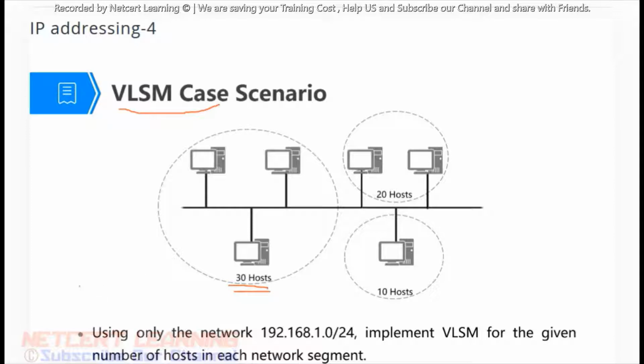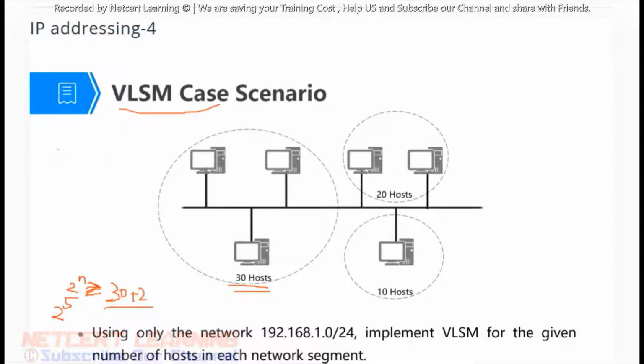We first calculate 2 power n, which should be greater than or equal to 30 hosts plus 2, because in the network there are 2 IP addresses that cannot be used, all 0s and all 1s. So this is 32. 32 just equals 2 power 5.